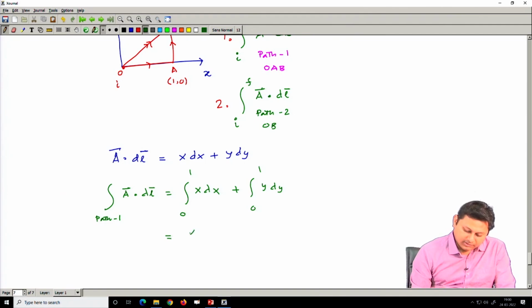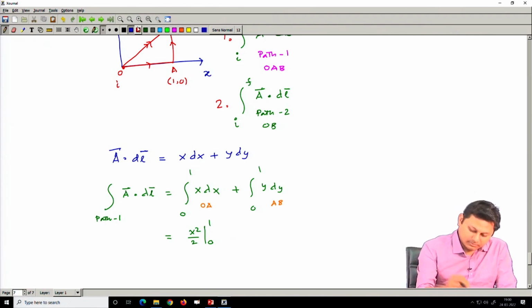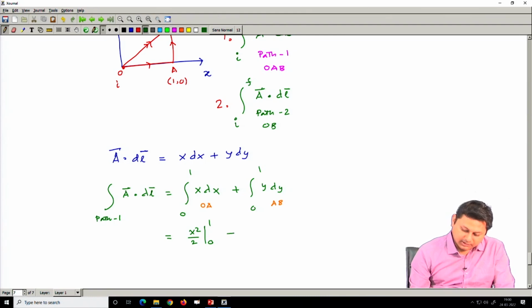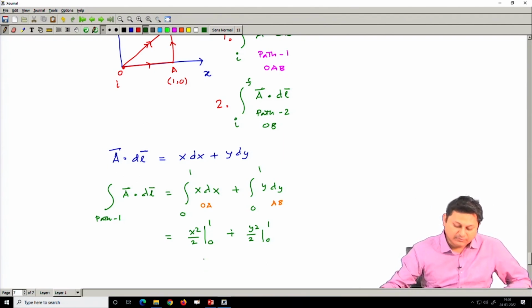This value is x square divided by 2 with the limit 0 to 1 for the path OA, and this is the path for AB. For the other case it should be y square divided by 2, 0 to 1. Whatever the value is, you can find out. It seems you will get the value 1, that should be the case.